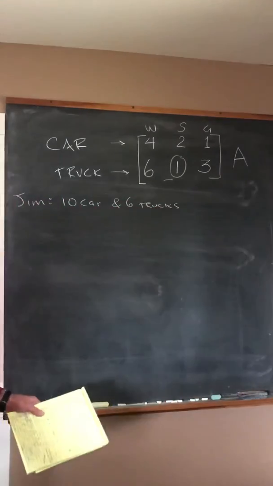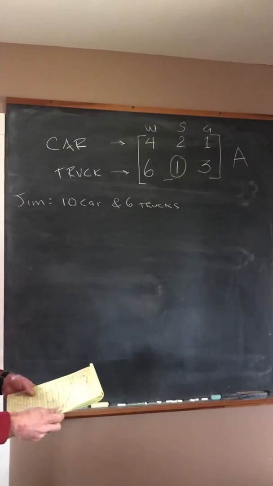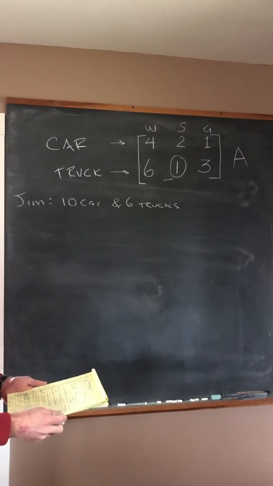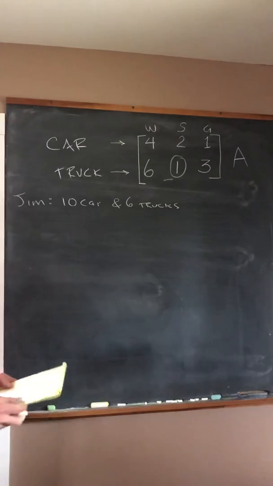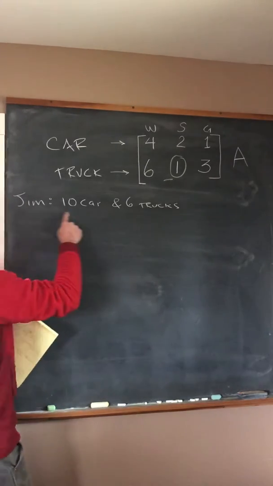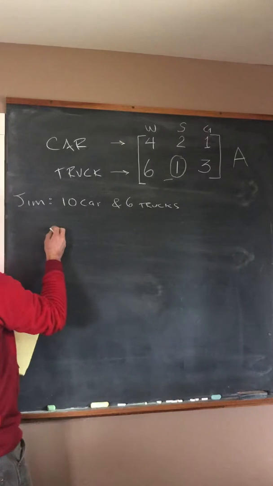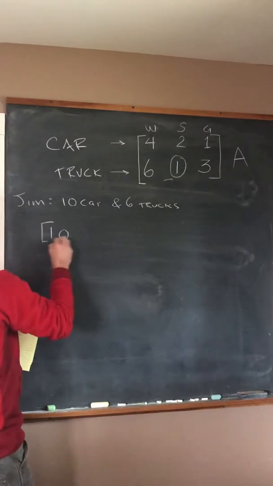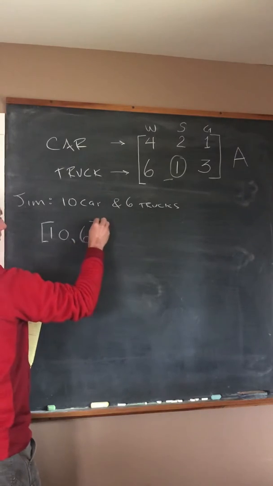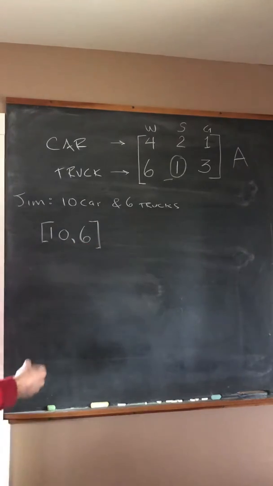So what we're going to do is represent the cars and trucks a little differently. I'm going to take this and turn this into a matrix. I'm going to say 10, comma 6. Okay, that's Jim's matrix.